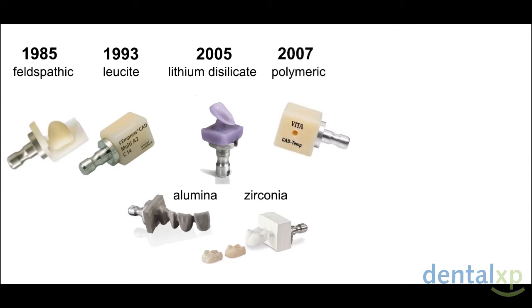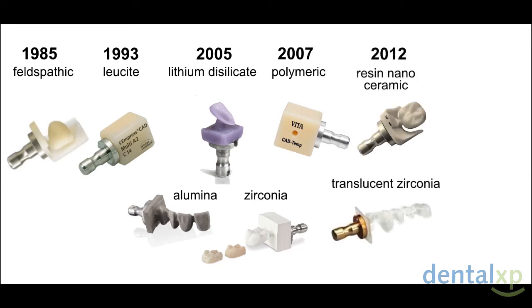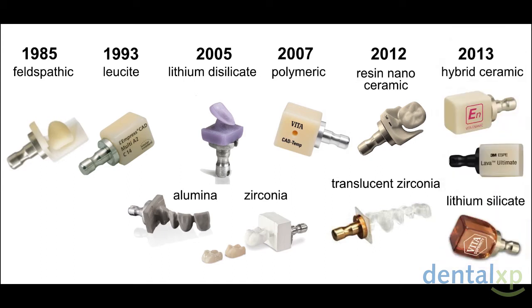In 2007, polymer or composite blocks were used for the first time. By 2012, nanoceramic composite and translucent zirconia blocks appeared. About 3 years ago, in 2013, after a long time of developing, the first hybrid ceramic and lithium silicate came on the market.